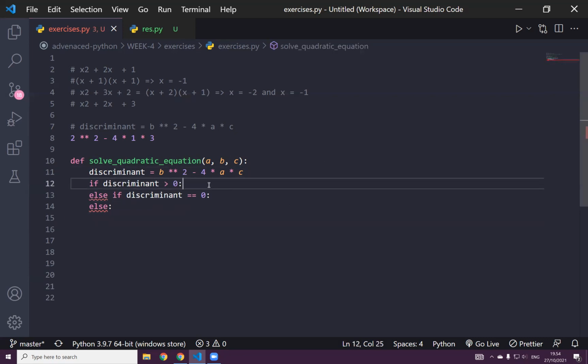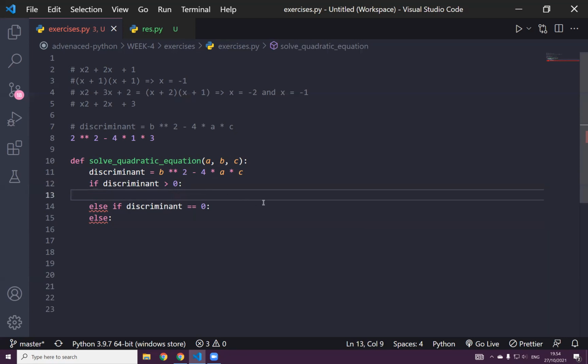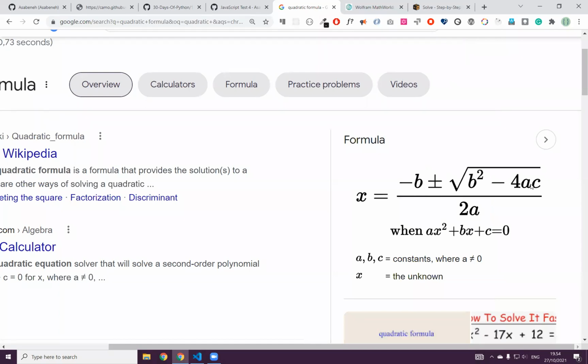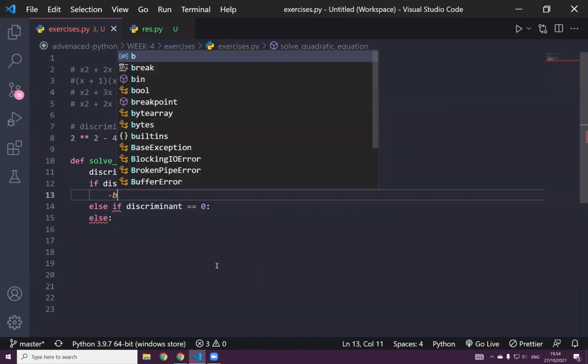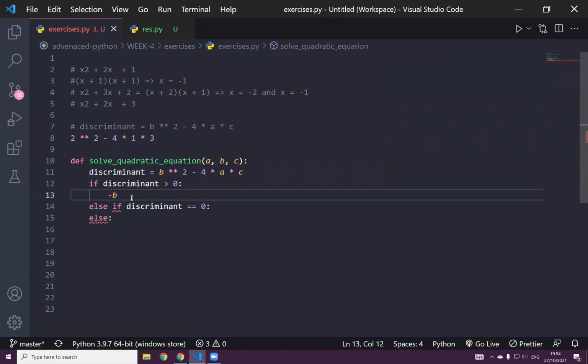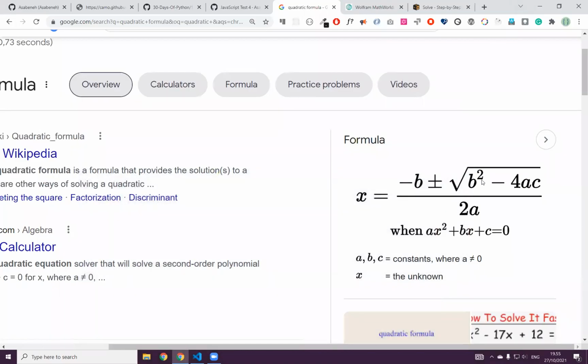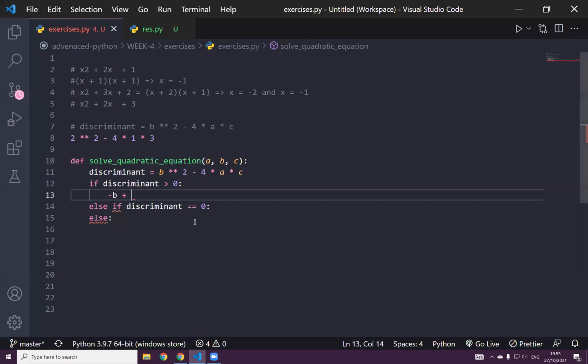Then how do we calculate the solution set here? As you see, minus b plus or minus. So how do I write? Minus b. I can start with the plus. And then this part under the radical. So how can we do that?